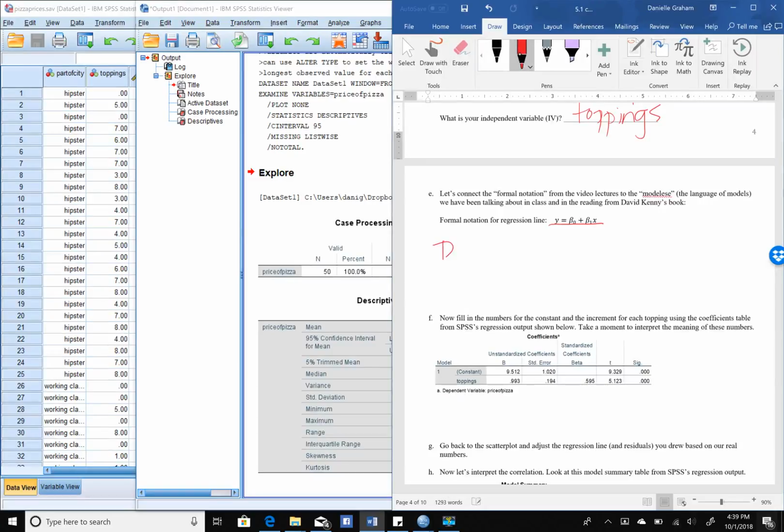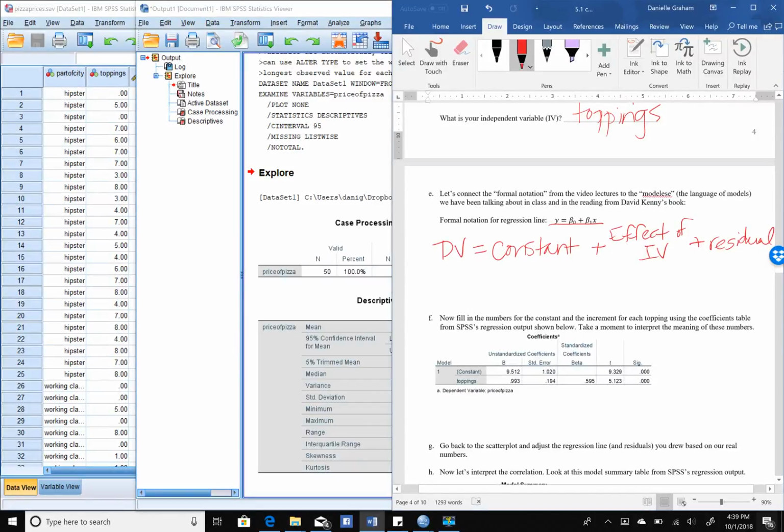Okay, so the dependent variable is equal to a constant plus effect of the IV plus residual, which is basically just like error, everything else we haven't accounted for.